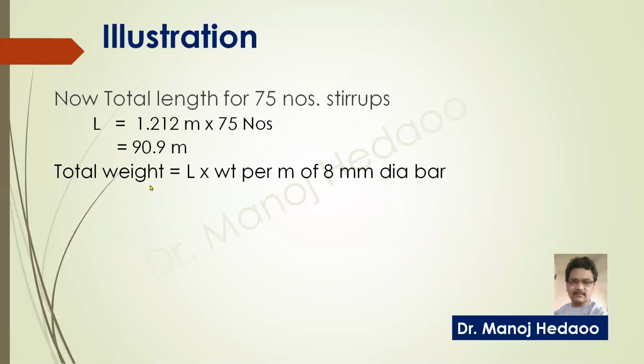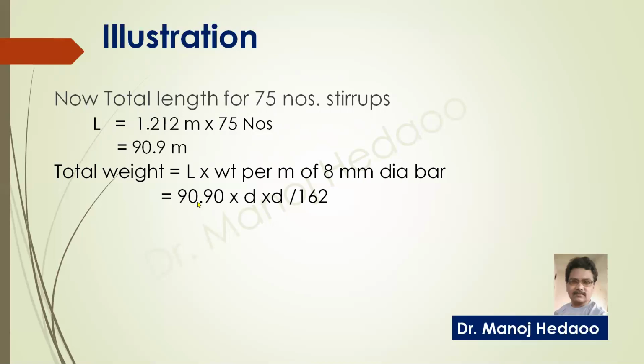Now the total weight of these stirrups is L into the weight per meter of 8 mm diameter bar. If you know the weight of an 8 mm diameter bar, that is 0.395 kg per meter, then you can take it directly. Otherwise, the formula is d square by 162.